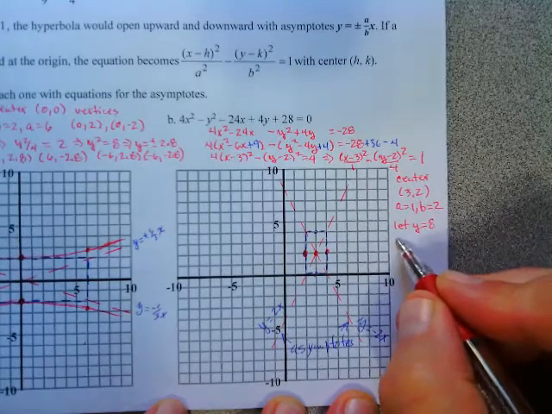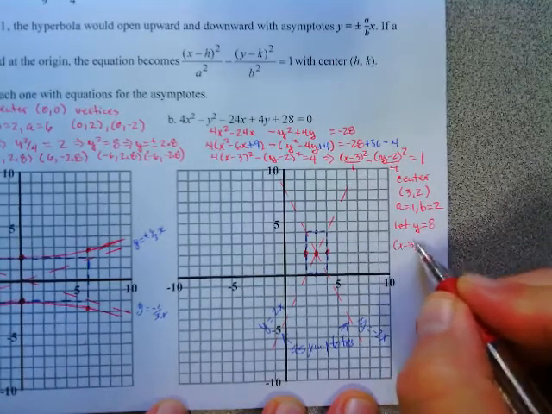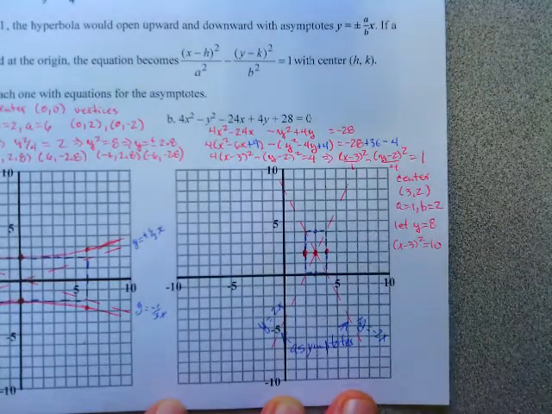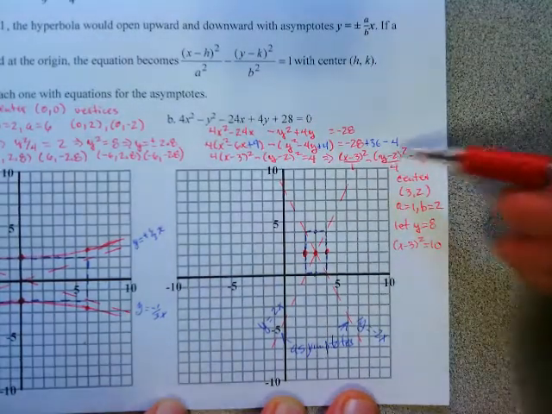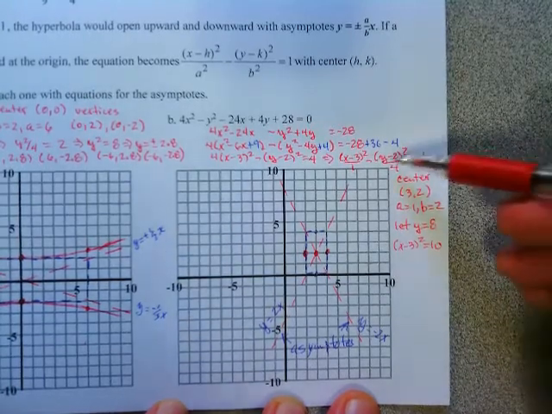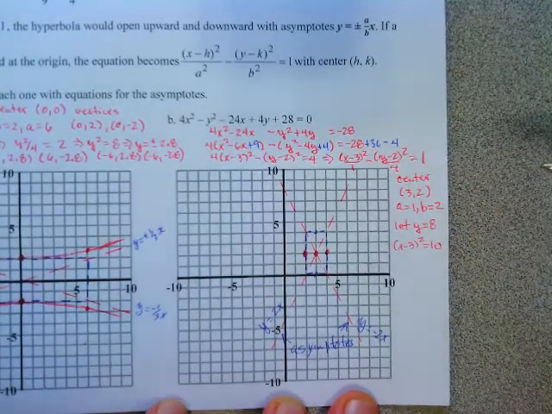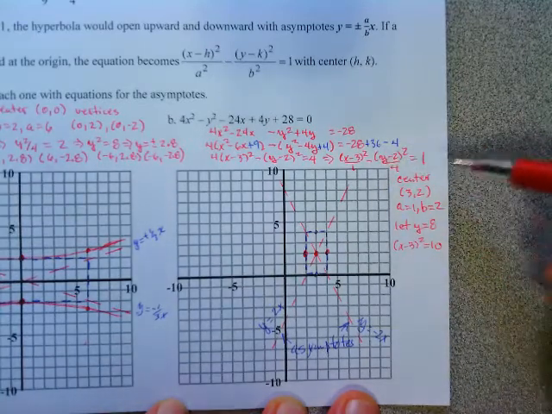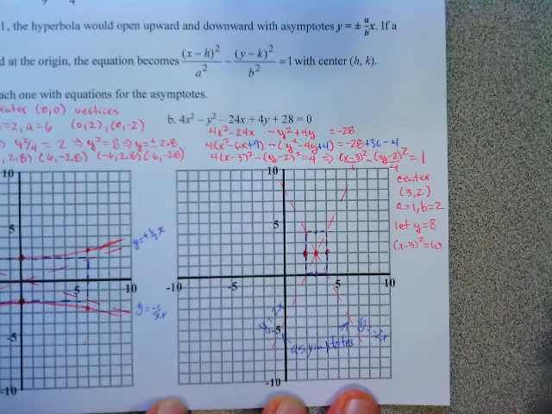So then that means that (x minus 3) squared will equal 10. 8 minus 2 is 6. 6 squared is 36. 36 over 4 is 9, but it's a negative 9, so added to the other side I got the 10.